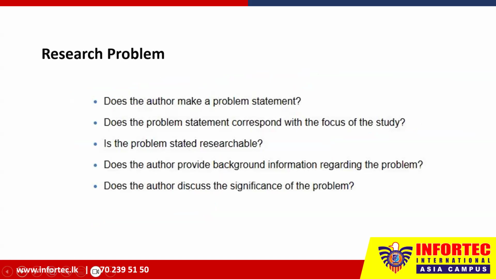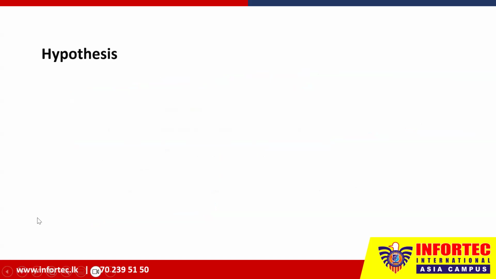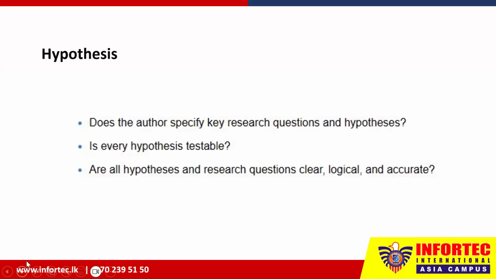When they explain their research problem, they should give the significance of that problem, its purpose, and some background information. So you can check whether they provide that information adequately. If so, you can mention it is good, and you can give some comments. Okay. The next one is the hypothesis as well as the questions.